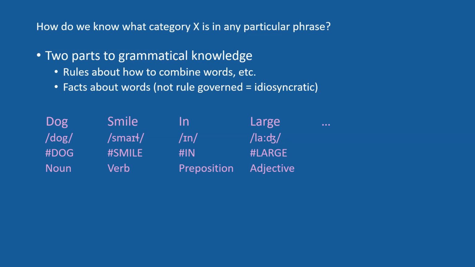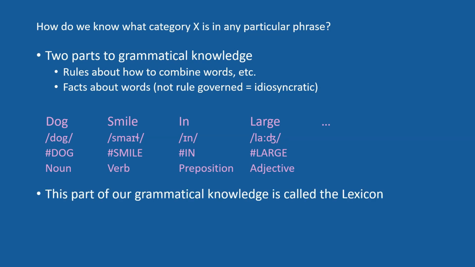Now, the place where we store information about lexical items or words, we call it the lexicon. Okay, so part of our grammatical knowledge is to do with the knowledge of lexical properties stored in the lexicon, and that comes together with the rules of combination to produce our total understanding of a language's grammatical system.